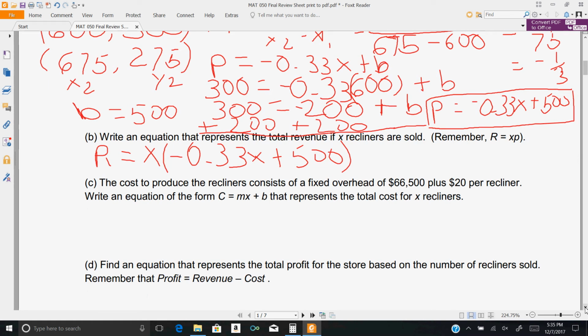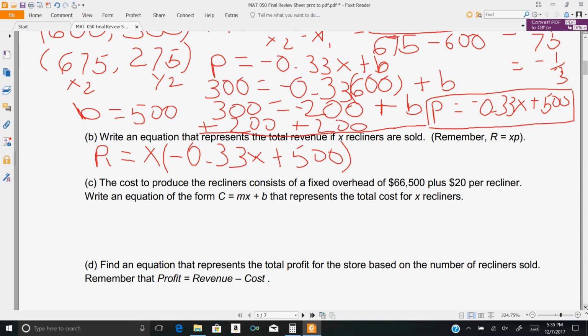It represents total revenue. Cost to produce the recliners consists of a fixed overhead cost of $66,500 plus $20 per recliner. So now I write an equation of the form C equals mx plus b, or cost equals mx plus b. I don't have to do the x2 minus x1, y2 minus y1, because in this case I'm actually given the slope. It says $20 per recliner.